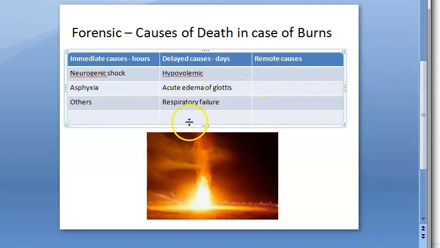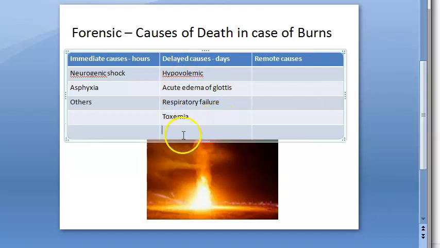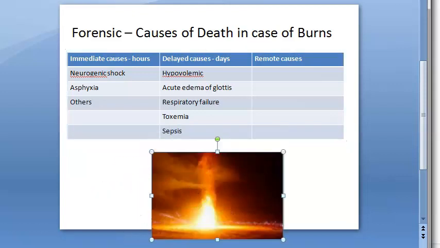Then coming to the other causes after respiratory failure, they are saying toxemia. Toxemia is due to absorption of toxic products from the burnt surface, causing death in about 3 to 4 days. Then sepsis, basically the most important cause of death occurring in 4 to 5 days or longer after burn.